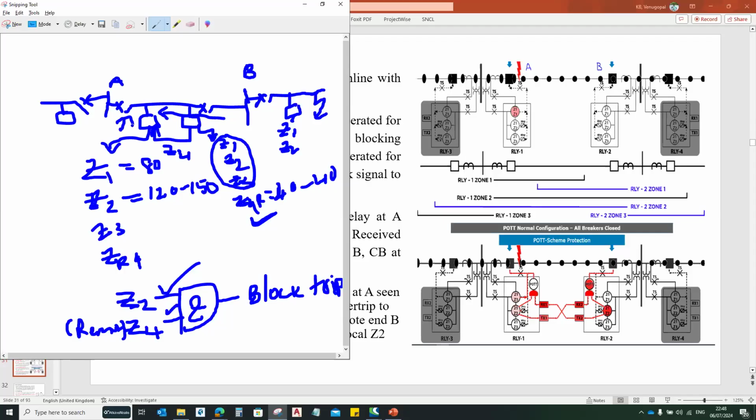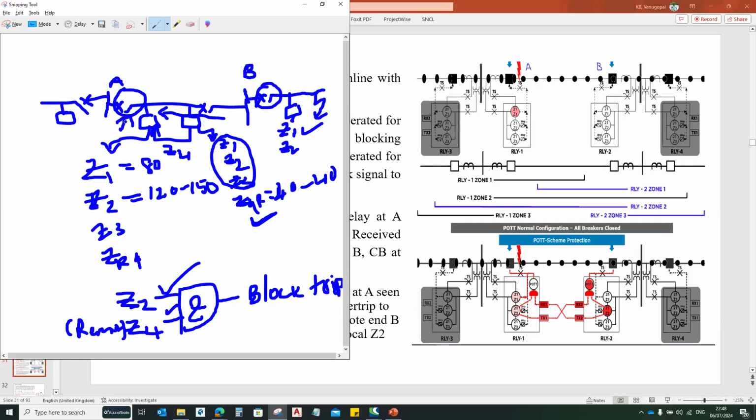Now, as I am receiving the zone 4 signal from the remote end, once the zone 4 is operated, immediately it will send a signal to the A end, so that it will stop the tripping of the circuit breaker. The zone 1 is operated and will trip the fault, so you need not trip the circuit breaker.